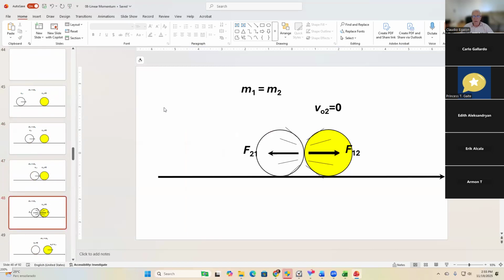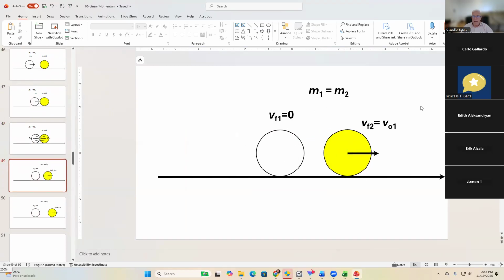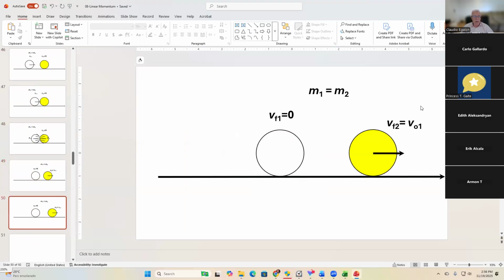They collide with each other. Look at the forces that the balls are experiencing. And then I'm going to prove mathematically that the final velocity of the first ball is going to be 0, and the final velocity of the second ball is going to be exactly the same as the initial velocity of the first.